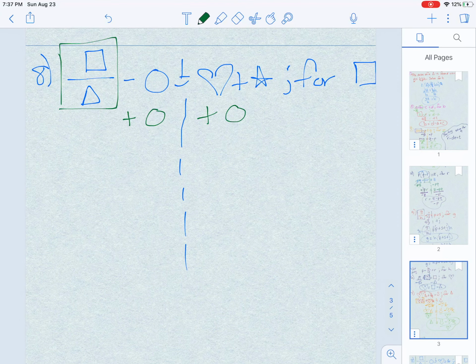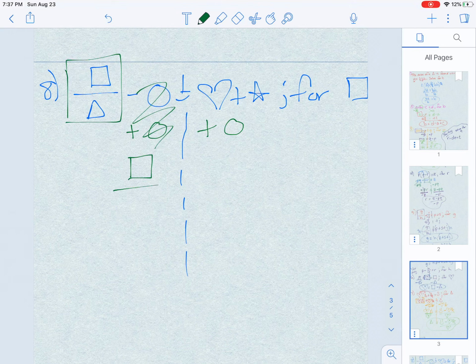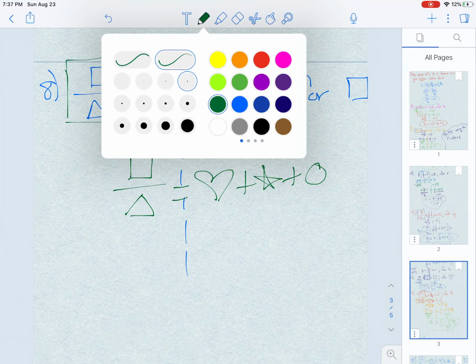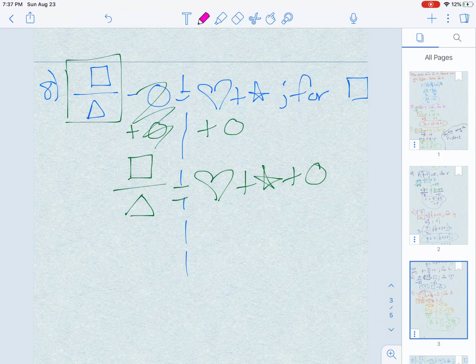Anything I do to one side, we have to do to the other. So that circle's gone. We have square over triangle equals heart plus star plus circle. Remember, none of those are like terms. We just write them all next to each other. All right, what is the triangle doing to the square? I need to get this square all by itself.